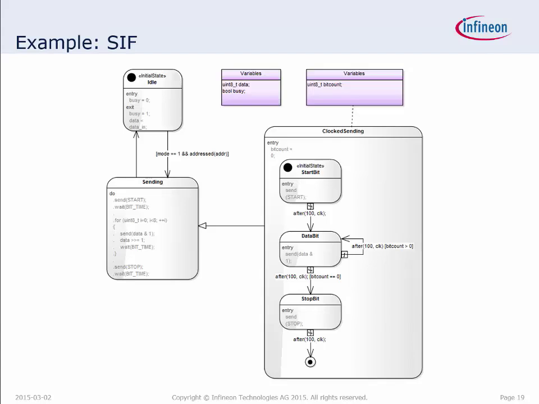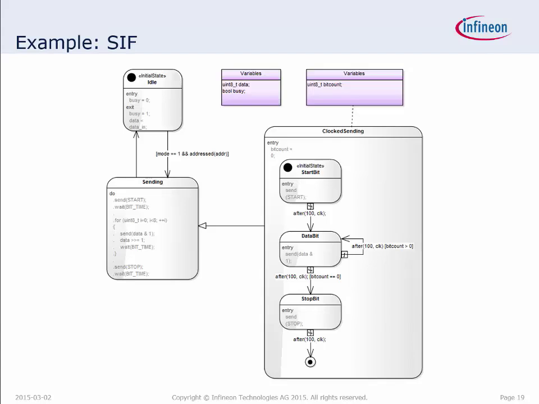So that means you have here the initial state, it changes to the sending state. Here it iterates as an activity, it iterates over the data and sends it to the output, event-driven with transaction level modeling, and returns again to the idle state. This would be more or less the abstract one.